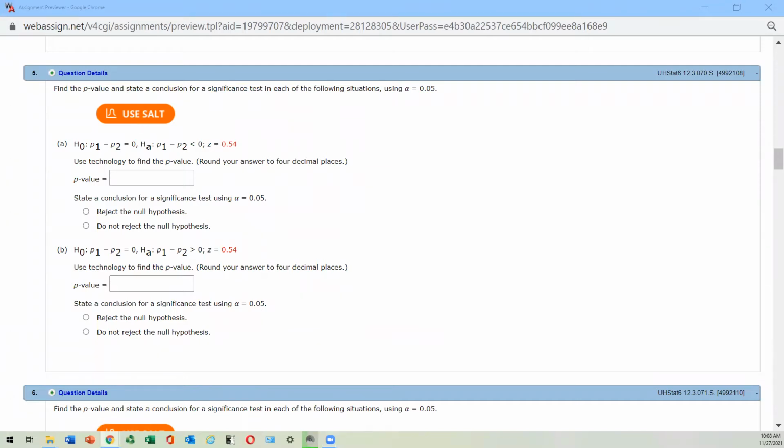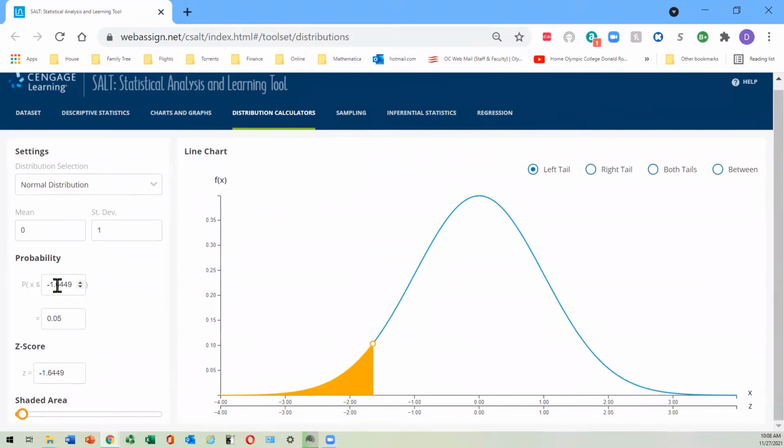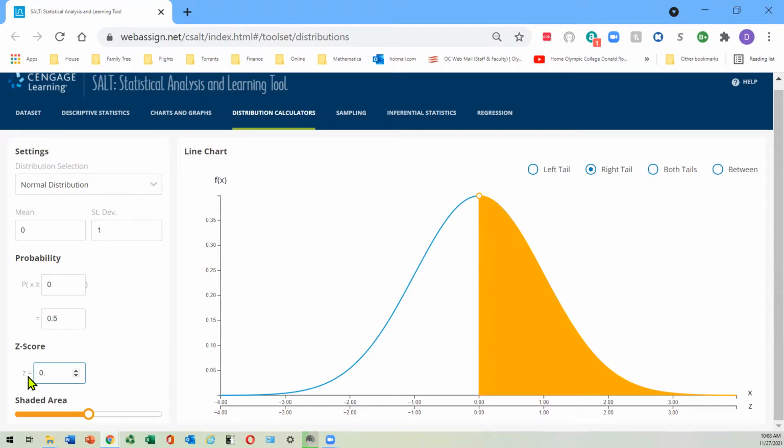What we want to do is find the probability that z is greater than 0.718. So greater than is right-tailed. And the answer we got is that, and that's your p-value. So your p-value in this case is 0.236.